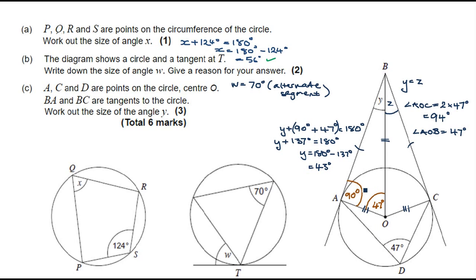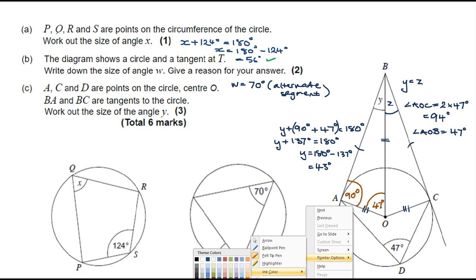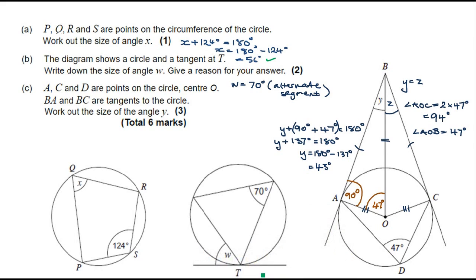We think that's the right answer. Okay, so that y equals 43 degrees, but let's just check our arithmetic by adding it back. So 100 plus 40 plus 30 gives us 70, and the 3 plus the 7 gives us 10, so 170 plus 10 is 180, so this must be correct.